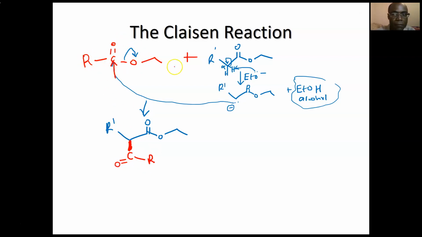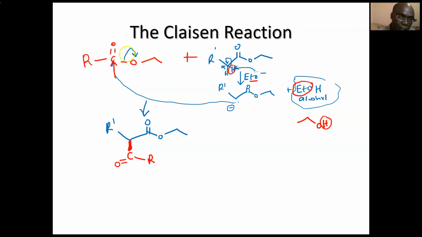The OEt fell off. How did it fall off? It fell off as ethanol. Once this hydrogen was taken out by the base, you get ethanol.